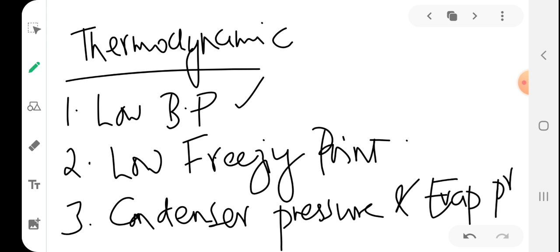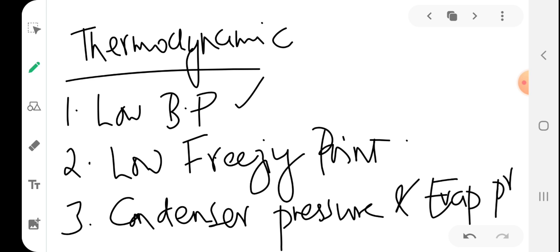Don't increase the condenser and evaporator pressure to a very high value, because the compressor size will become larger and the pipeline size will be higher. Those things will increase the initial cost of the system. So these are the basic thermodynamic properties.